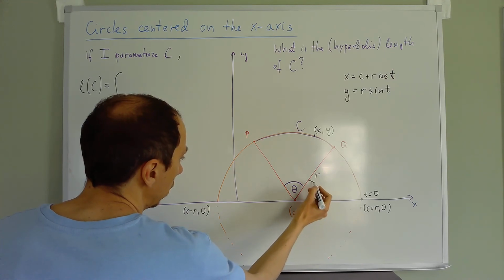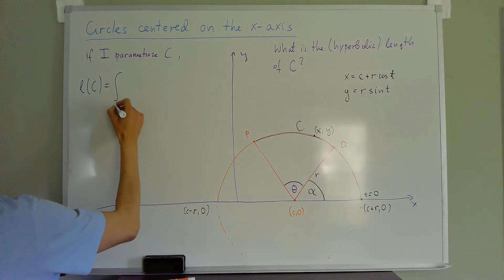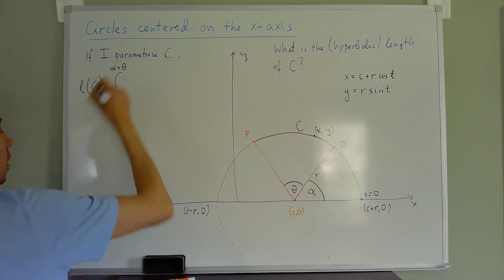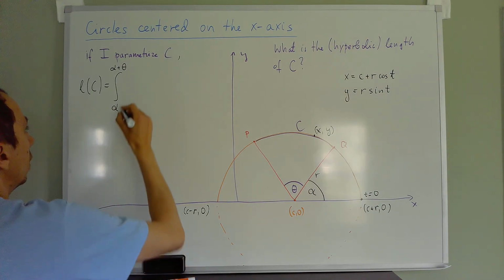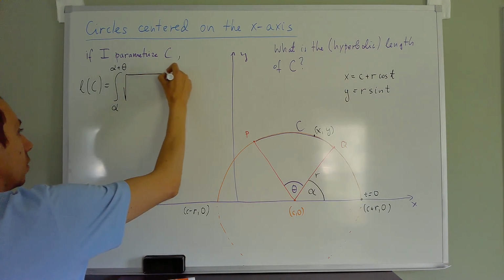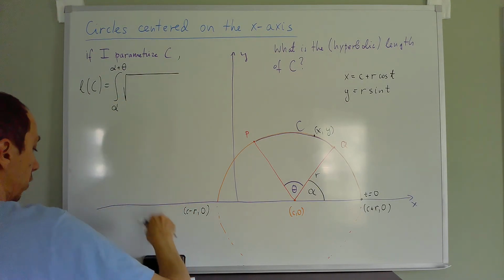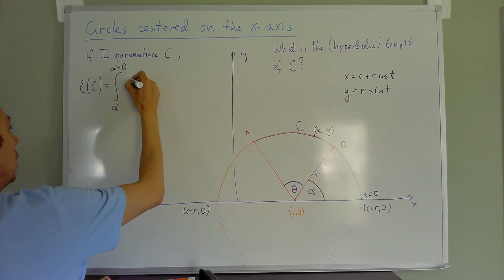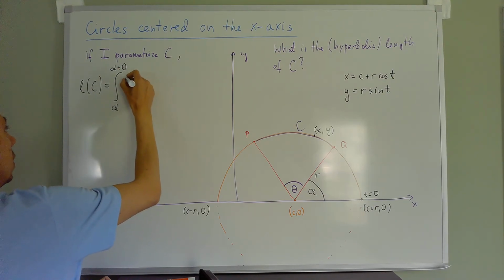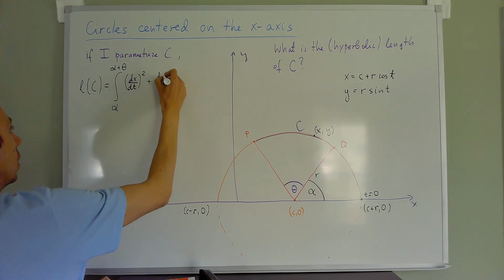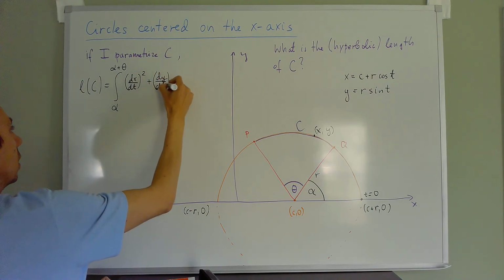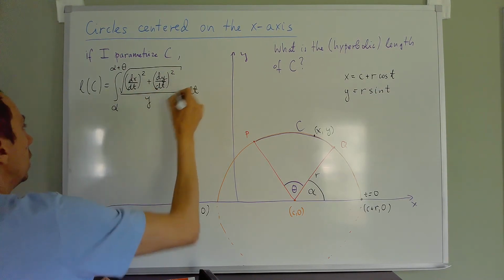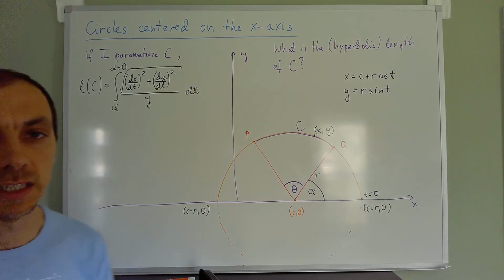Okay, so then the length of c in this parameterization would be the integral from this angle here, let's call this alpha, to the angle alpha plus theta of the square root of dx over dt squared plus dy over dt squared, divided by y, dt.